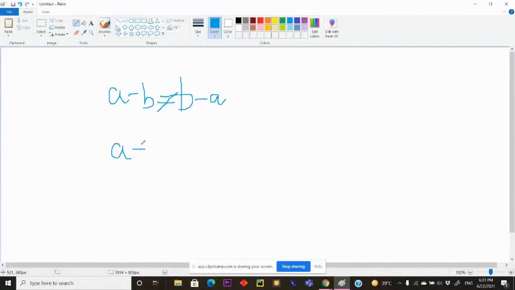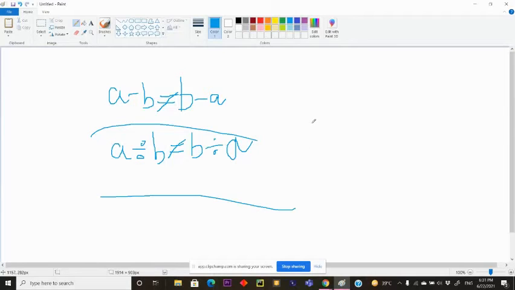So this can also be written. These are very easy formulas. You don't have to learn them. It's simple logic. Both are different. So you'll say, yeah, both are different.